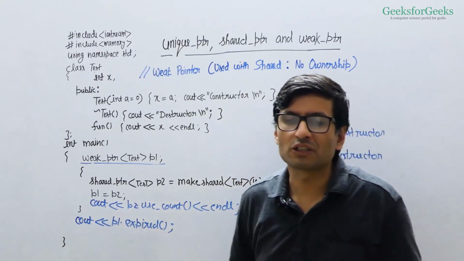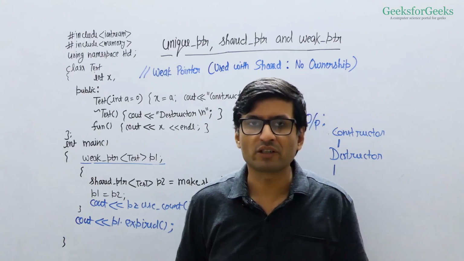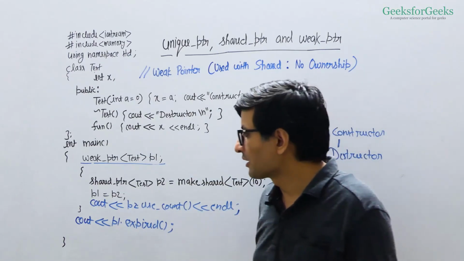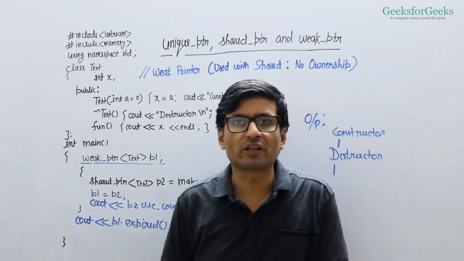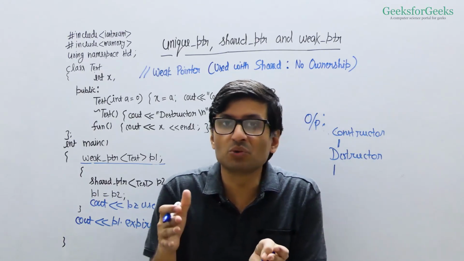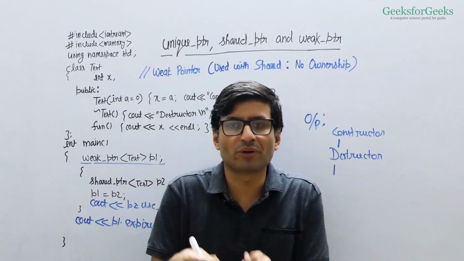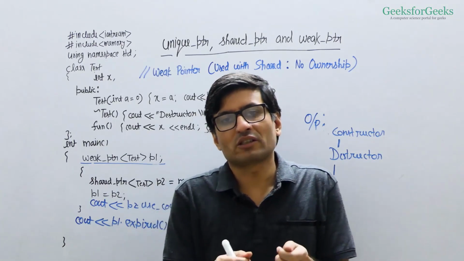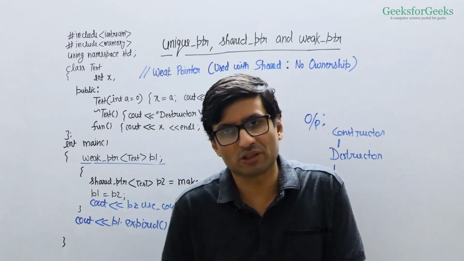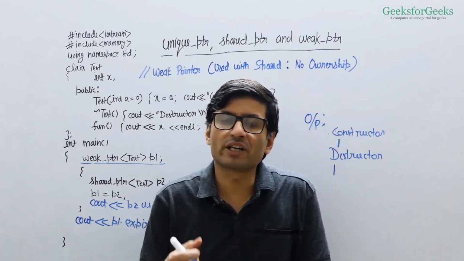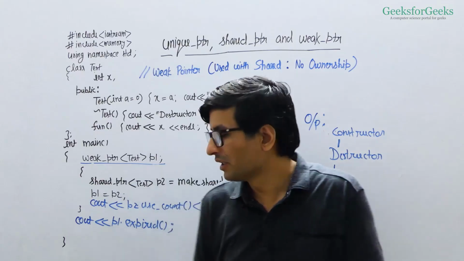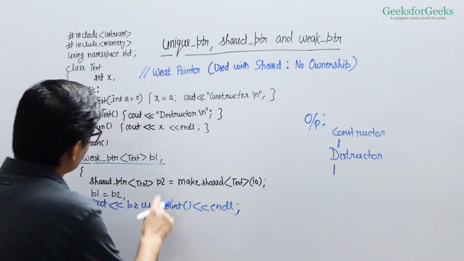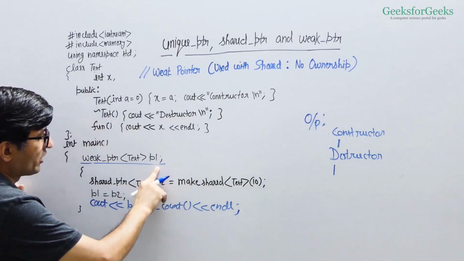There is one more function which is supported by weak pointer, and that is to upgrade it to a shared pointer. Suppose I created a temporary pointer and for some time I'm using it to do some computations, and I don't want the memory allocated to this temporary pointer to be deallocated during this time. So I can upgrade it to a shared pointer for that moment. There's a function called lock which converts a weak pointer to a shared pointer.